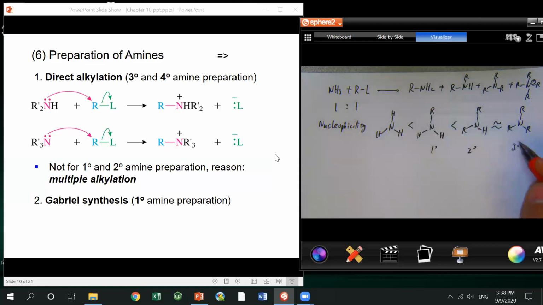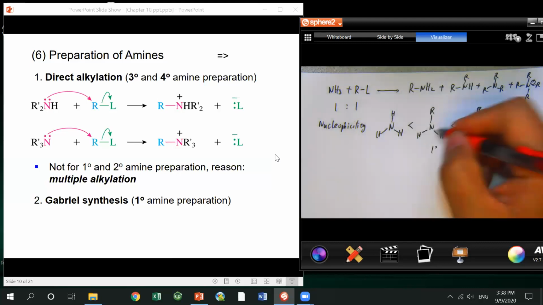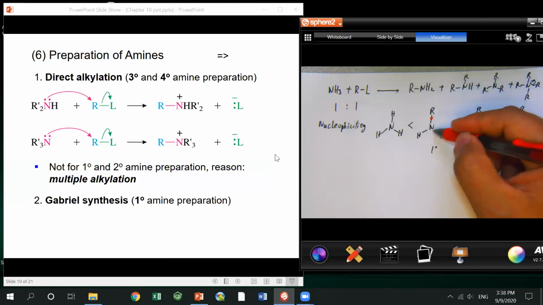Why is it in this order? Because the R group is an electron donating group, donating electrons into the central nitrogen. If you have one R group donating into nitrogen, it makes the nitrogen more electron rich, and a better nucleophile.